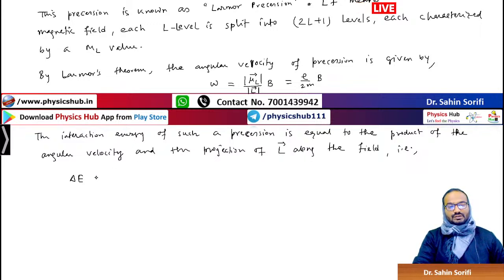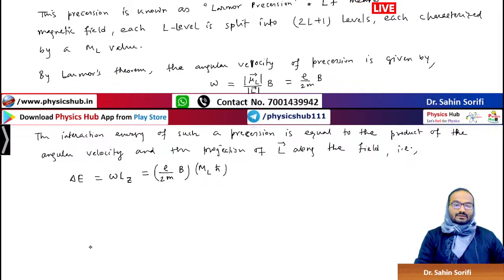The magnitude of this will be decided by the product of the angular velocity and the z component of the angular momentum. So, omega value we have got e by 2m times B, and the value of Lz we know, that is ml h cut.